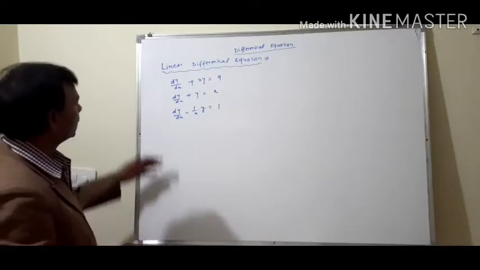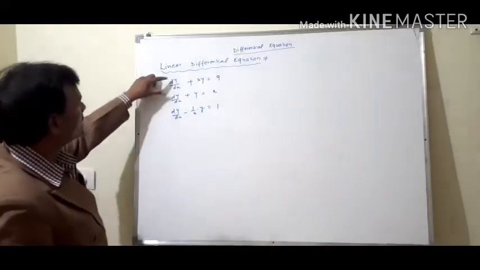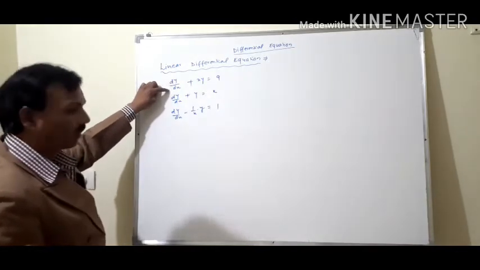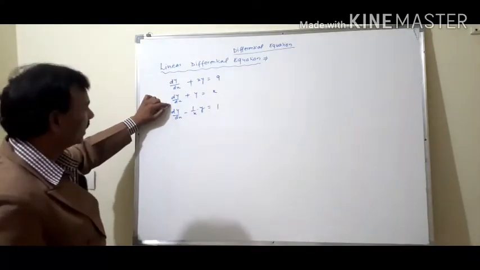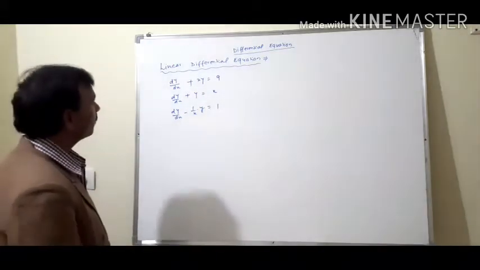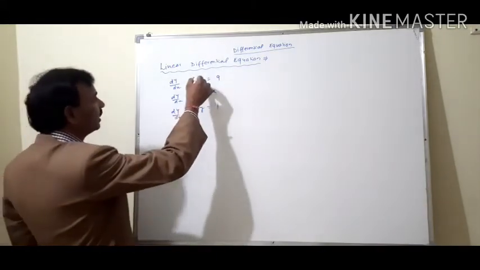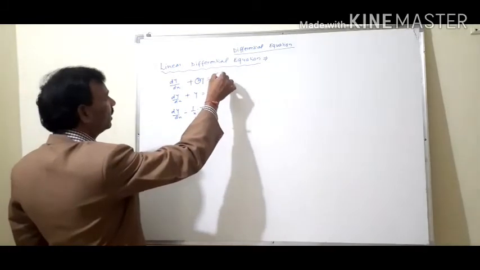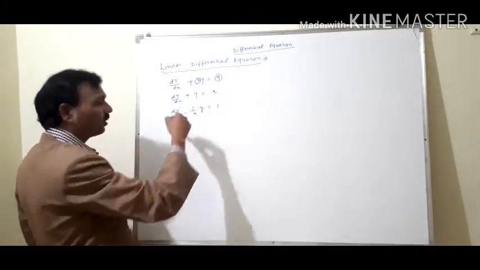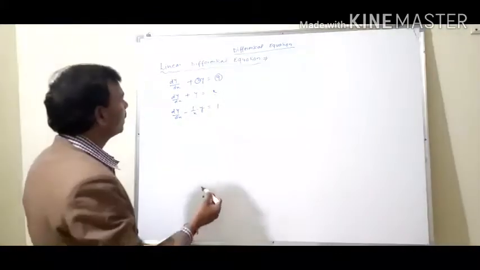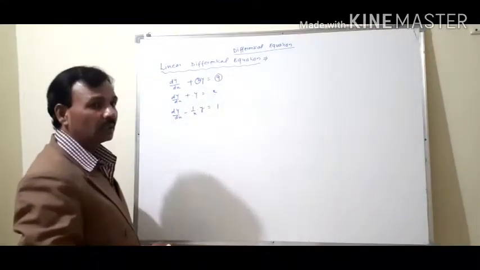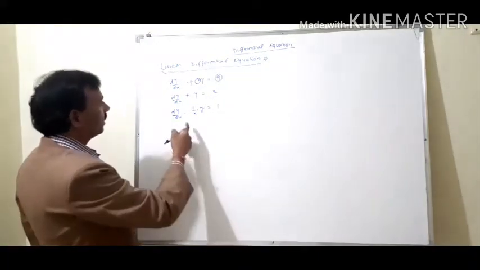You can see in these equations, the order of the differential coefficients is 1: dy upon dx, one time derivative. And here 2 and 9 are constants, here 1 and x. This may be a constant or a function, but the function should be a function of x.